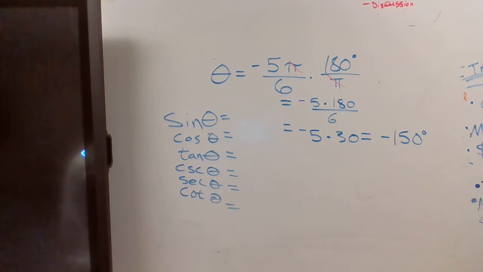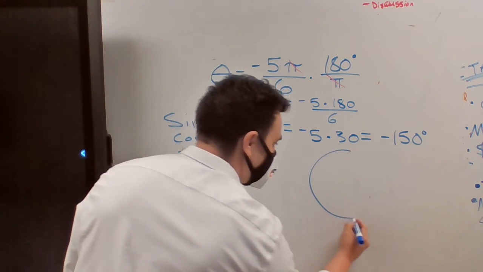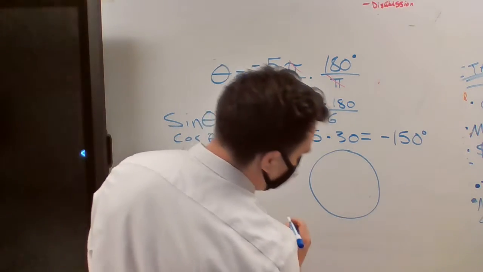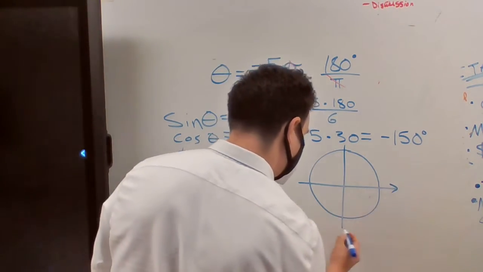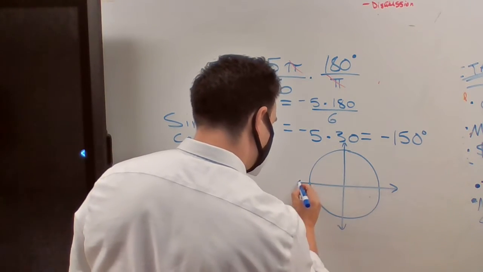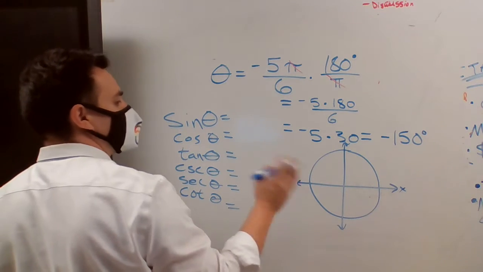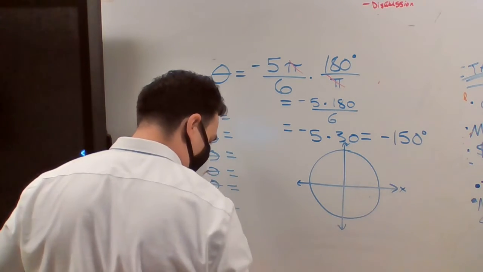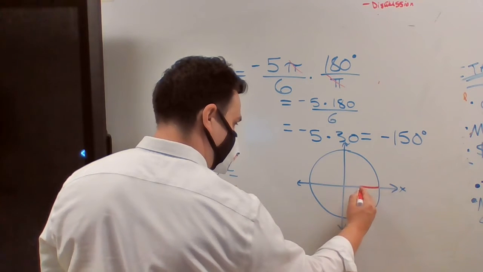Now that I can visualize that, given this beautifully drawn unit circle, X, Y. Given this circle, I can see that negative 150 degrees would be like, well, this is always my starting leg.